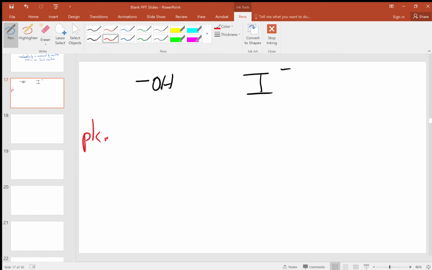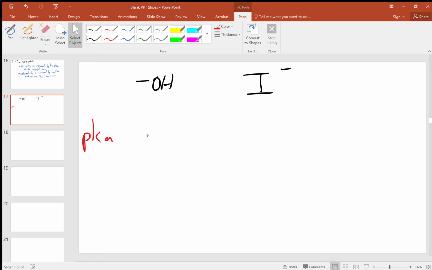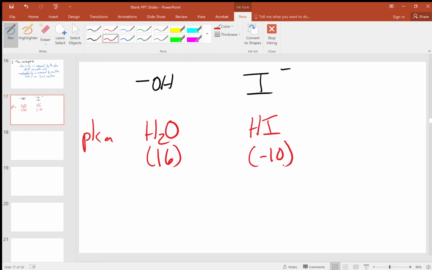So first we can look at the pKa's of their conjugate acids. For hydroxide, the conjugate acid is water, and water has a pKa of approximately 16. Whereas the conjugate acid of iodide is HI, which has a pKa of approximately -10.